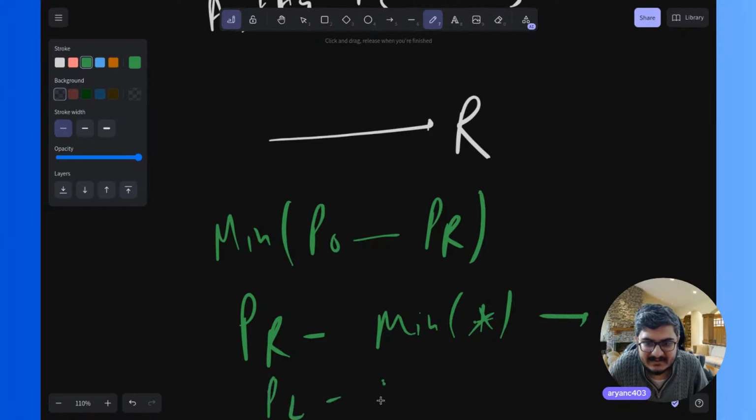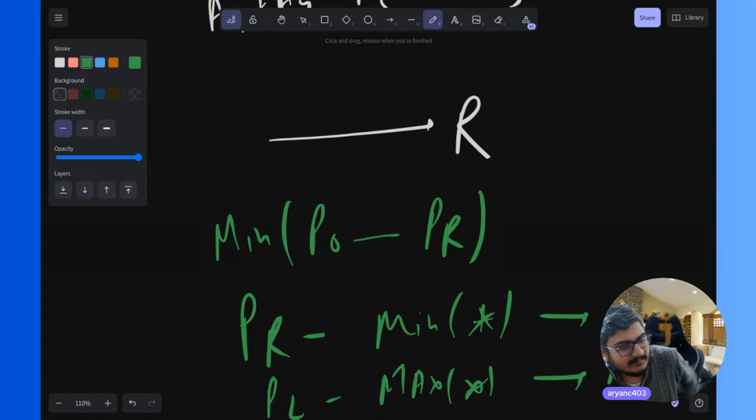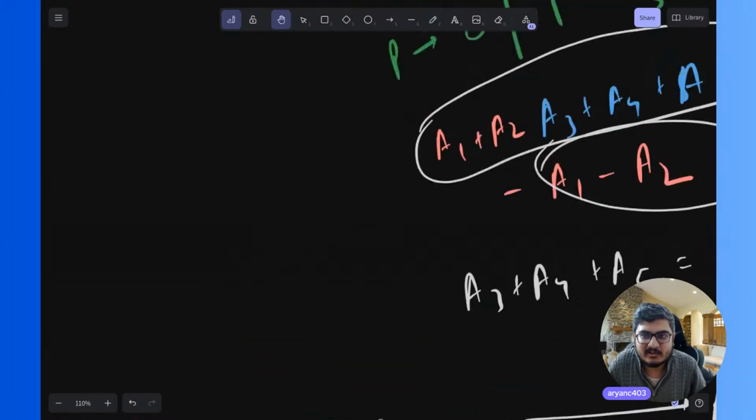And pl minus the max of whatever comes here will give you the min value. You can use these. You can definitely use Kadane's algorithm, but you will be stuck on the part when you have to include x.